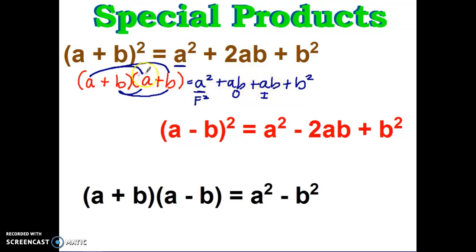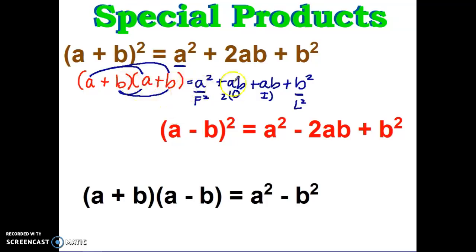You're going to multiply them out like we did here. It's going to be two of those. So it's going to be two times your outer and inner terms, and then plus your last term squared. It's always going to happen that way.